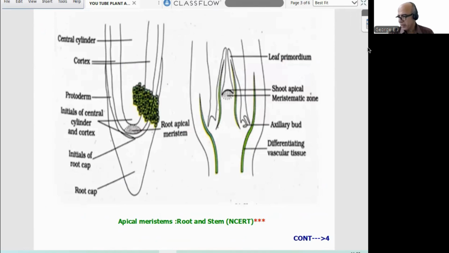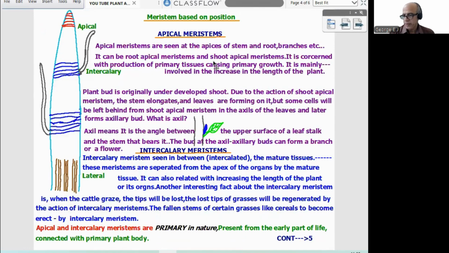Then we started with the classification based on position: apical meristem, intercalary meristem, lateral meristem, their function, which are primary, which are secondary, and what the intercalary meristem does when cattle graze the plant body or tips of stem, etc.